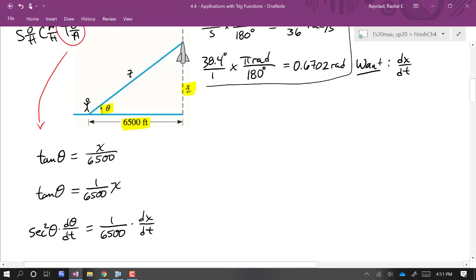We want to find dx dt. What I'm going to do, because we know d theta dt for a given value, is solve this for d theta dt first, and then plug in our known value, and then we'll be able to evaluate dx dt.